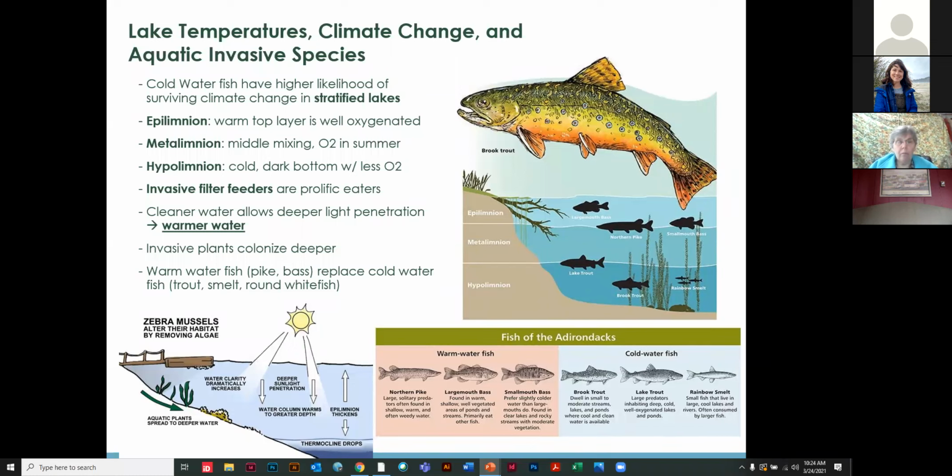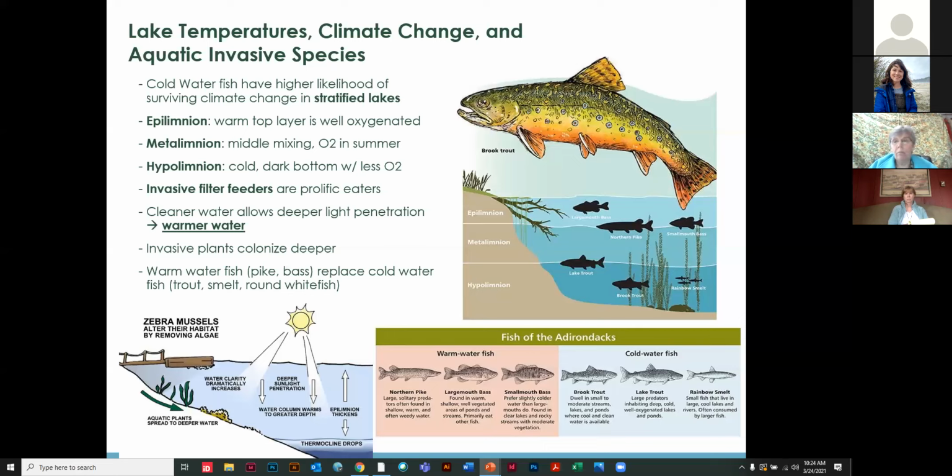It's being studied and discovered that a lot of cold water fish have a higher likelihood of surviving climate change if they have a diverse, stratified cold water habitat to escape into at different levels during the summer. So if you're fishing during the summer, you're probably going to put more weight on your line so that your bait goes a little further down, because that's where your fish are.